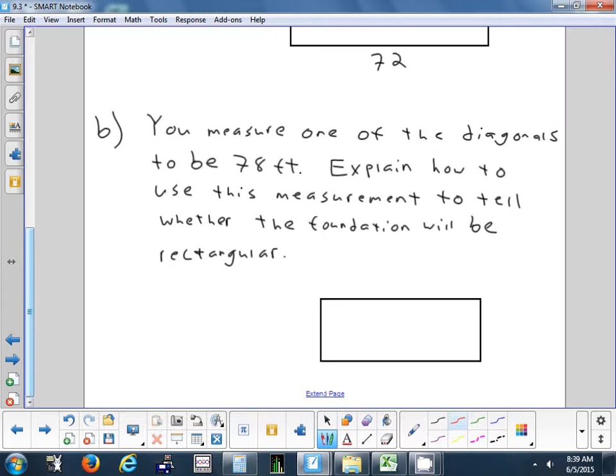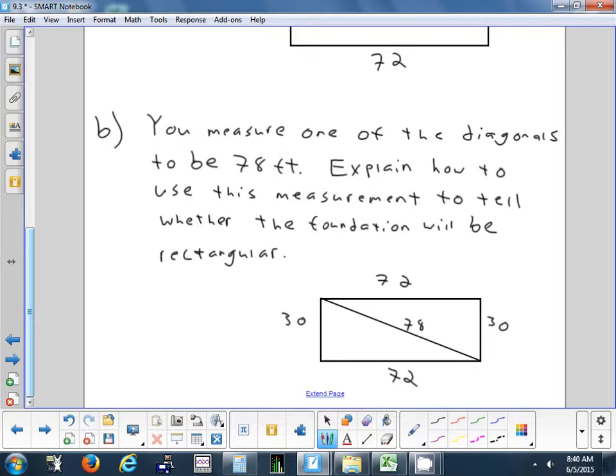All right, so let's draw it in. Does he measure both diagonals or just one? Just one. Okay, he just measured one. So if they're just going to measure one, then we've got to use the other information the other person had. If they measured both and they're the same, then that would be different. But in this case, they're measuring just one. So this is 78. What were they, 30 and 72? 30, 30, 72, 72.